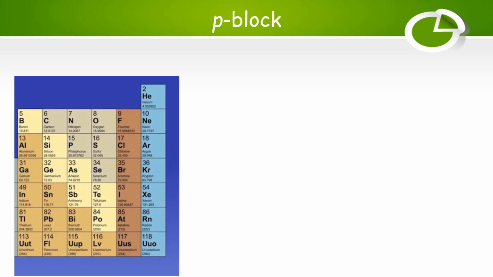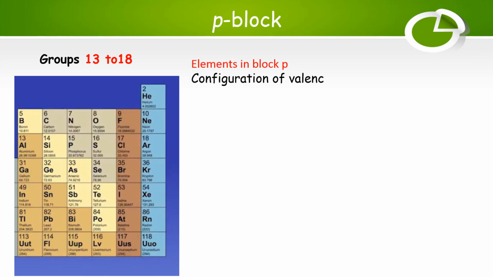Next, we take a look at elements in the P block. P block elements are located in group number 13 to group number 18. For elements in the P block, the configuration of valence electrons is ns2, np1 to ns2, np6.